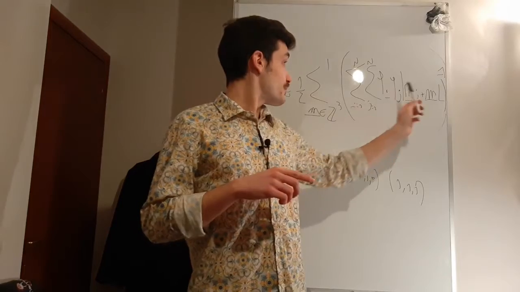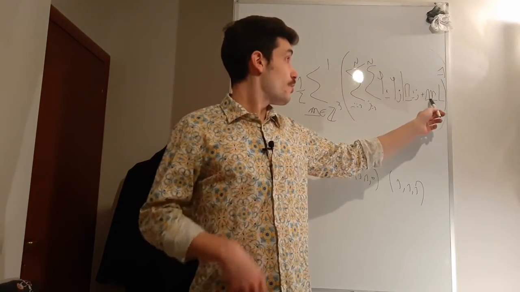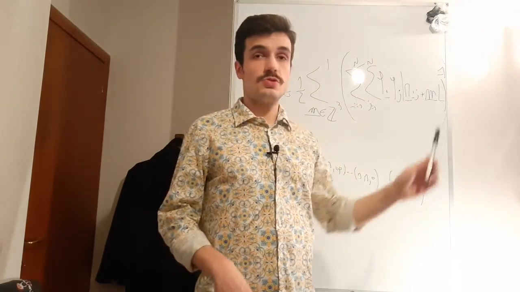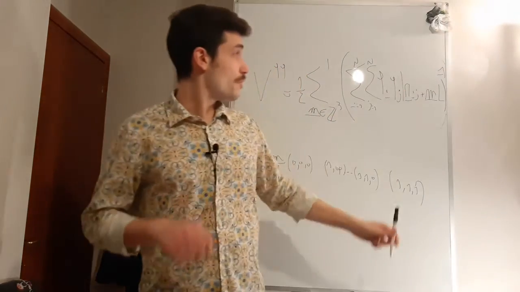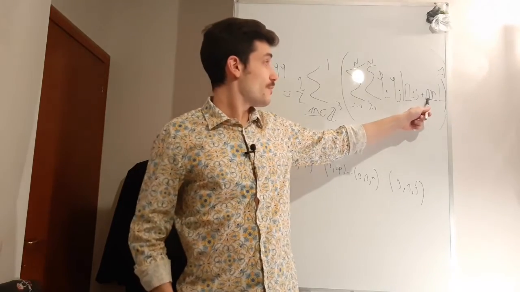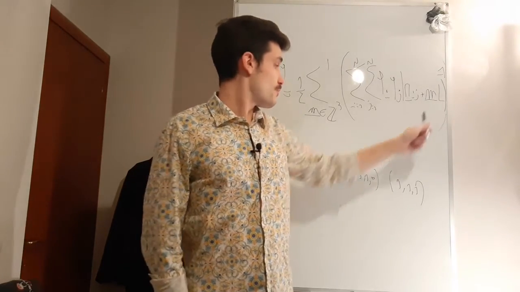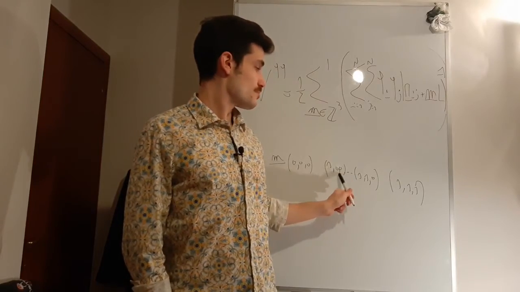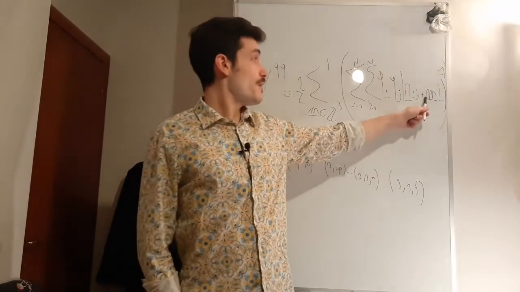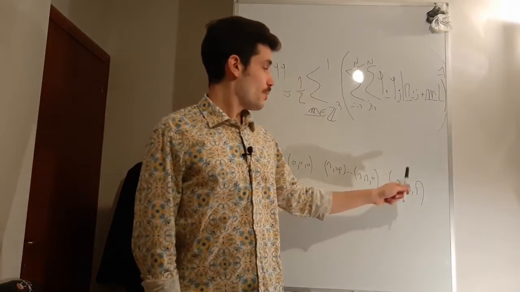Then we will have the interaction of the cell with all its first neighbors, so all the imaginary images of the system, where we will have all the values of m: 1, 0, 0, 0, 1, 0, 0, 0, 1. Then we will have the one where we have 1, 1, 1.